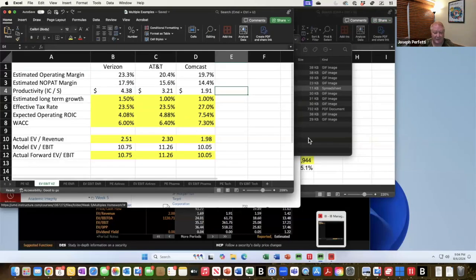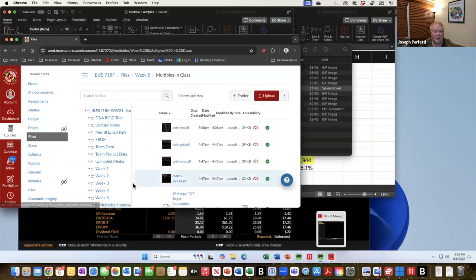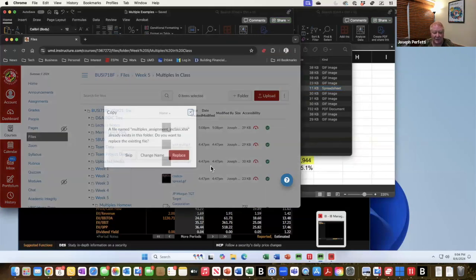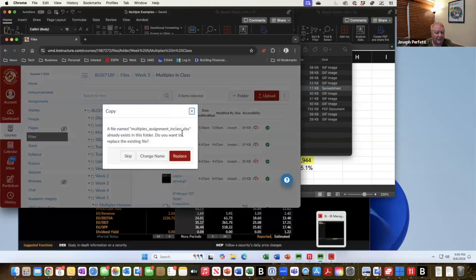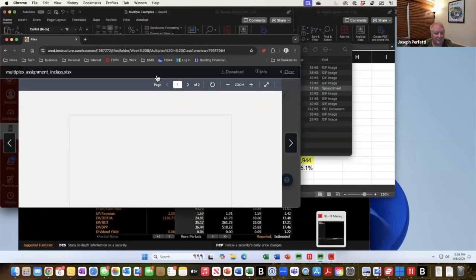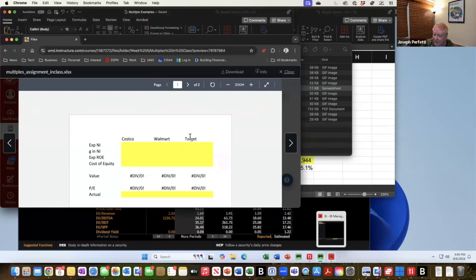Let me upload that file. I'm going to give you a blank version. Oh, it is already up there. Multiples assignment in class. That's the blank version of the file with no data in it for Costco, Walmart, and Target. And you'll use this file, just change the names for Procter & Gamble, Estee Lauder, and Ricketts. So I'm going to open up that Excel file.